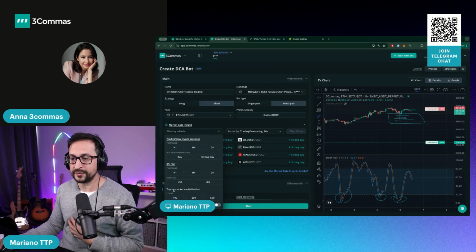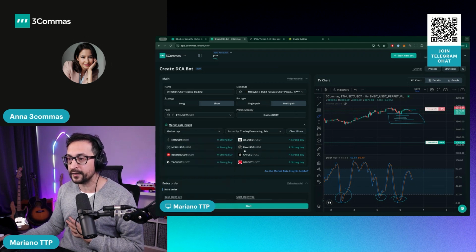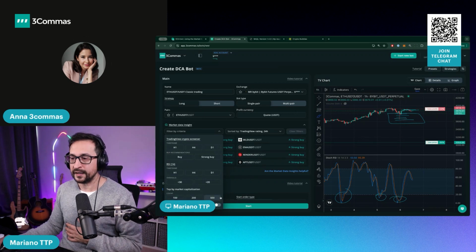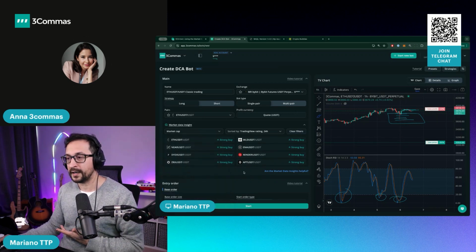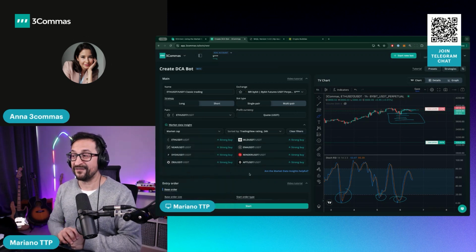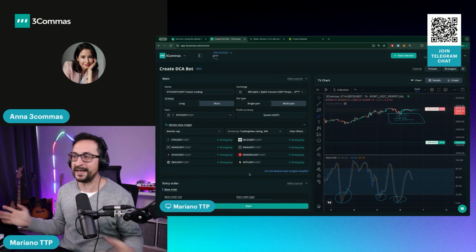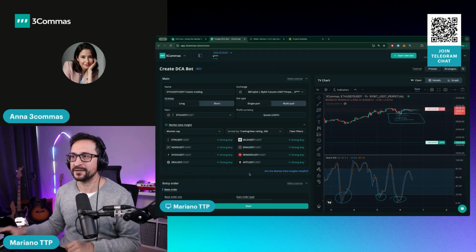That's why you have the top by market capitalization in here. So those are filters. And for example, if I just restrict it to the top 100, those are going to have less volatility than if I'm picking 500. On 500, you're going to get very, very liquid assets, very volatile ones that can move 60% in any direction in hours.